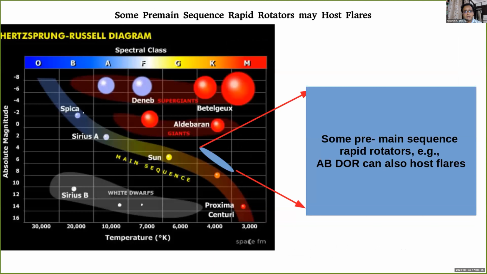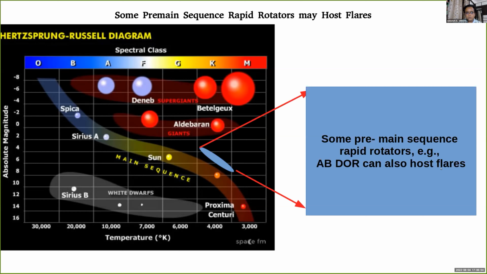Apart from the main sequence, when we inspect flares in the pre-main sequence, we find that some rapid rotators may host solar-like flares. So some pre-main sequence rapid rotators can host flares. And since they are rapidly rotating stars, they have a stronger field and they can have powerful solar-like flares.